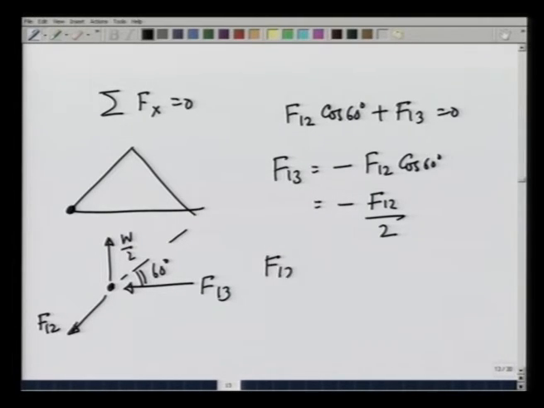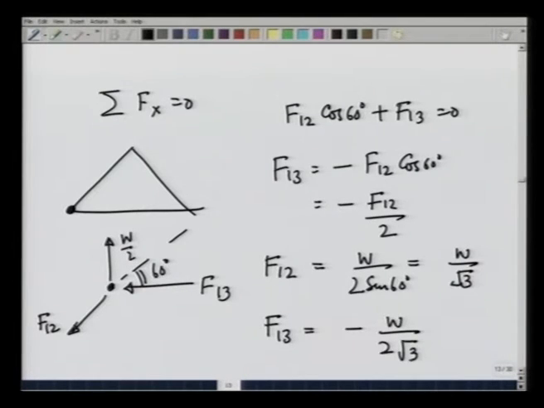F 1 2 on the other hand, we found out is equal to W over 2 sine of 60 degrees, which is nothing but W over root 3, and therefore, F 1 3 is equal to minus W over 2 root 3.